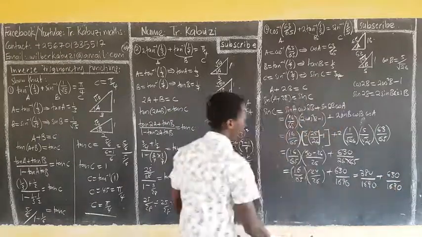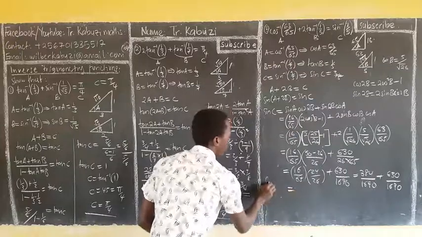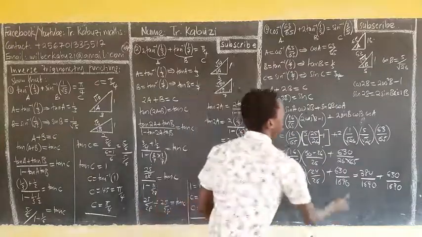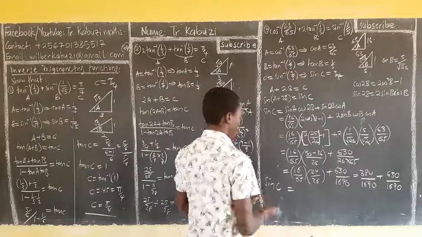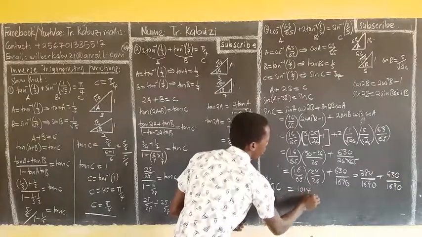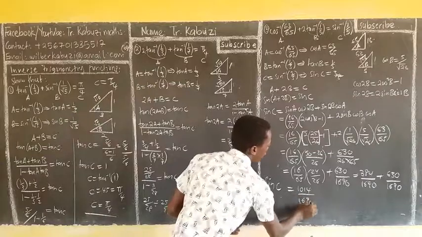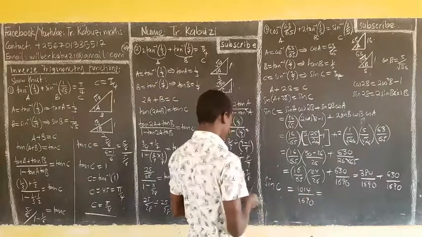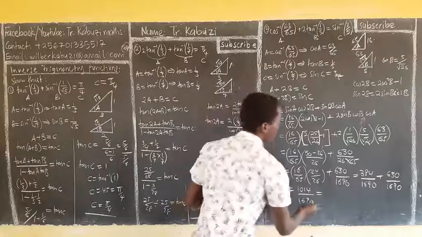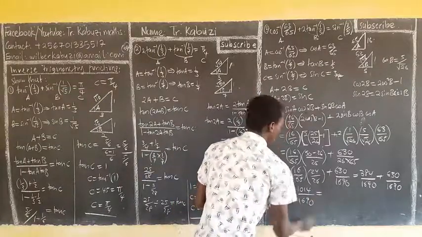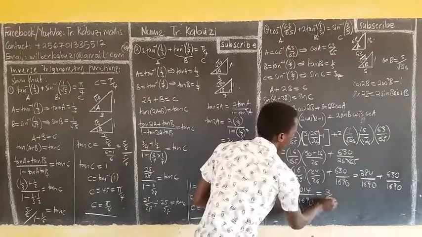So when we add those ones, remember, this is our sine C. When we add those two, we get 1014 over 1690. And if we reduce that one, what we get is 0.6, which is the same as 3 over 5.